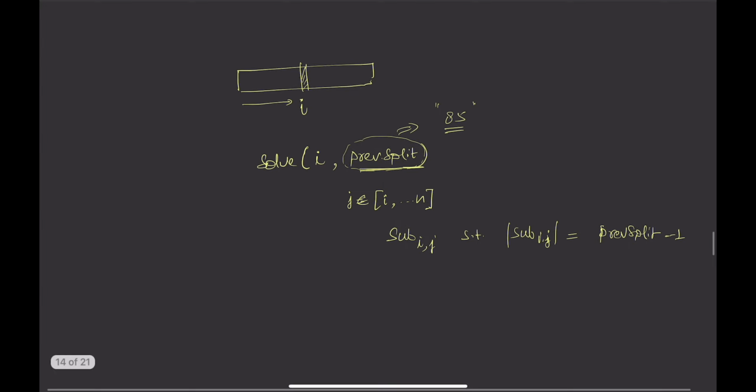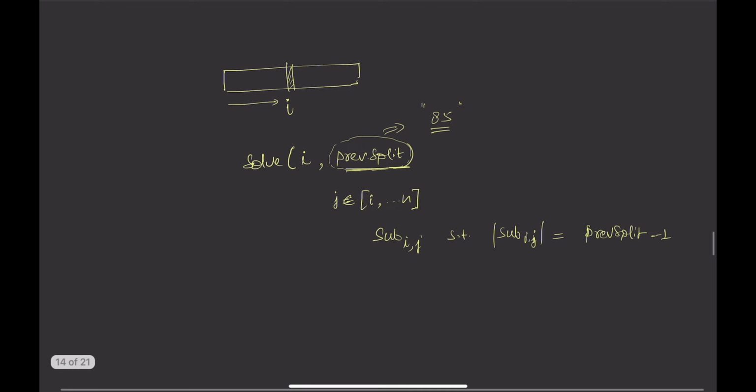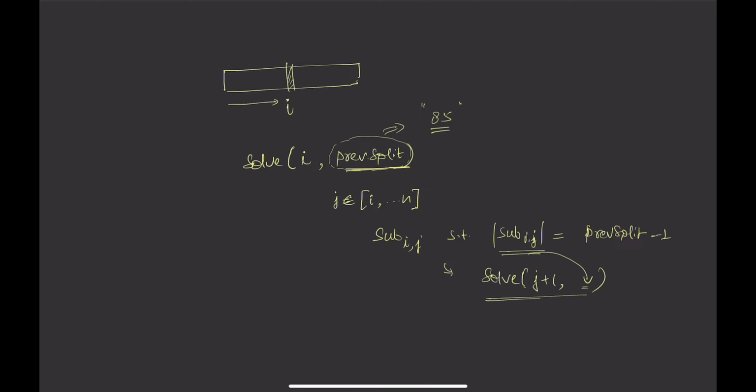So for this case I can find the values. I have taken from i to j, so the next index is j plus 1, and the new split is this split. I can pass this one and solve for this one. So if it is possible to split into at least two parts, it should return a boolean. I think I can solve it.